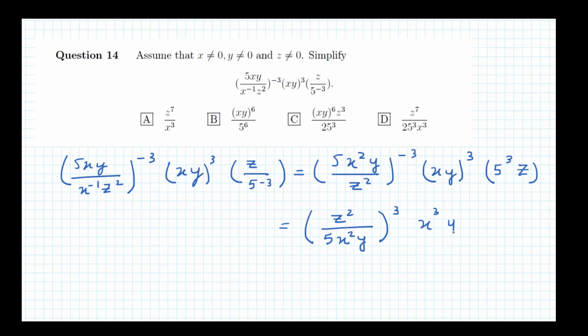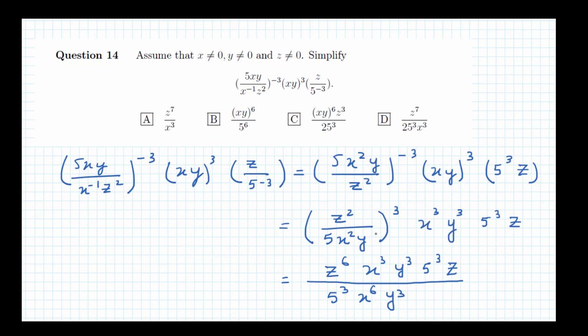Now let's write all these terms in the same fraction. So the first fraction will give z to the power of 2 to the power of 3, which is z to the power of 6, times x to the 3 times y cubed times 5 to the 3 times z, whereas the denominator would be 5 to the 3 times x to the 6 times y to the 3.